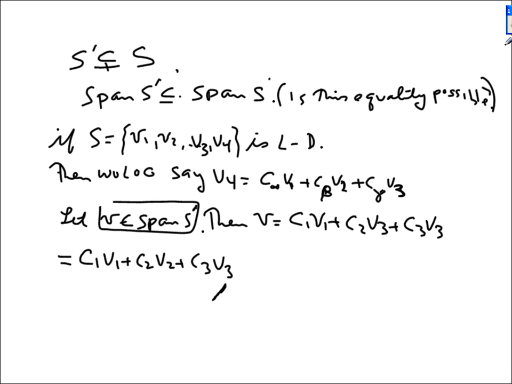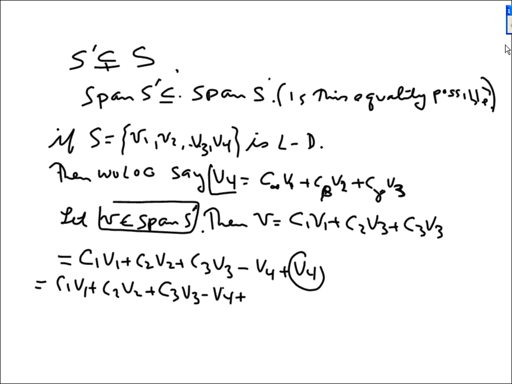You want to introduce a new vector. So why don't you just add 0? Why don't you take away, and I don't even think I need a scalar, let the scalar be 1, take away V4 and add V4. Okay, so this is C1 V1 plus C2 V2 plus C3 V3 minus V4 plus V4.